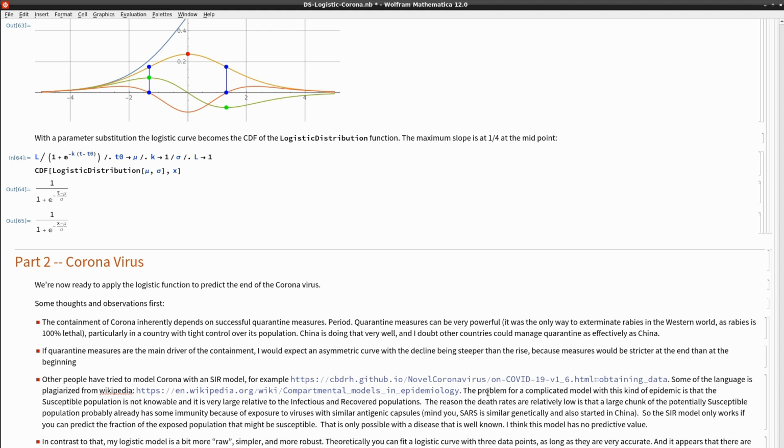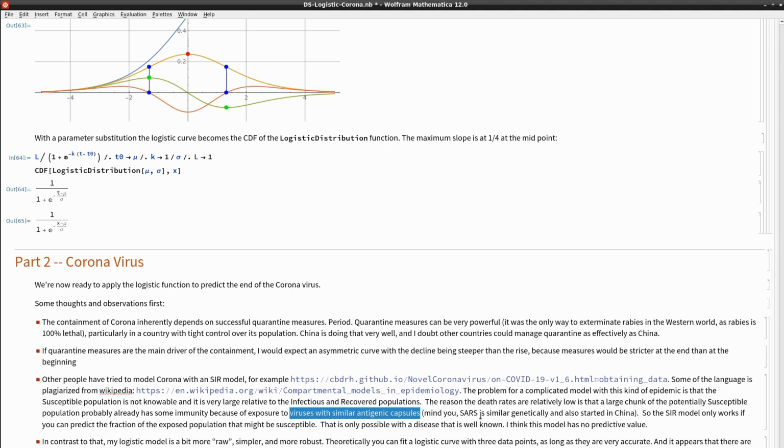And I also point out that the problem for a complicated model with this kind of epidemic is that the susceptible population is not knowable, and it is very large relative to the infectious and recovered populations. And the reason the death rates are relatively low is that a large chunk of the potentially susceptible population probably already has some immunity because of exposure to viruses with similar antigenic capsules.